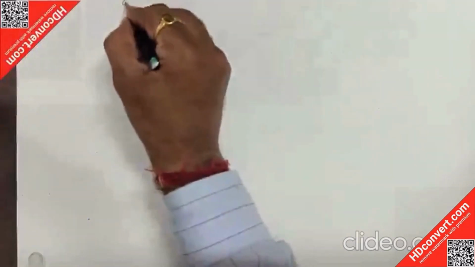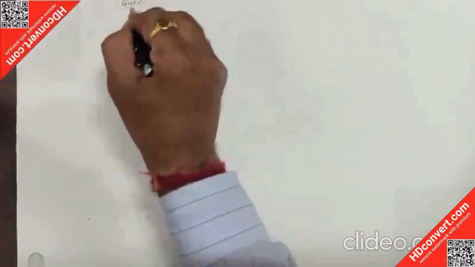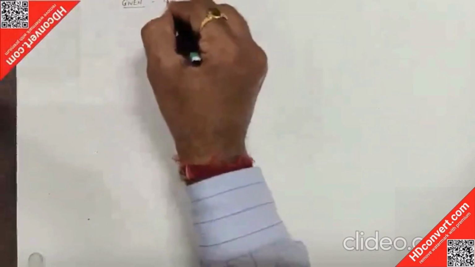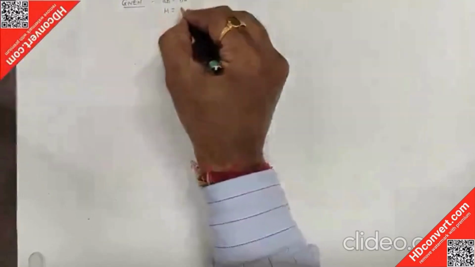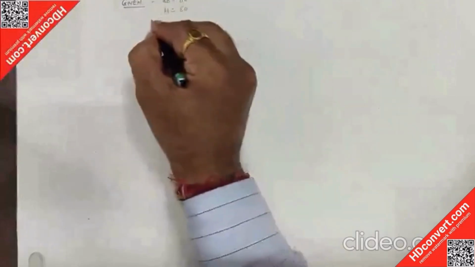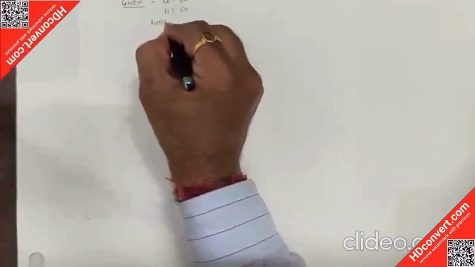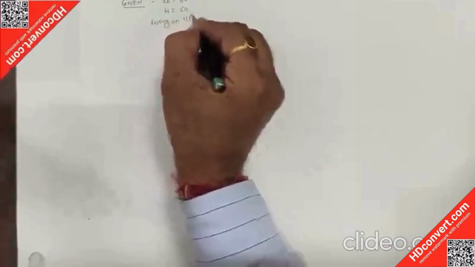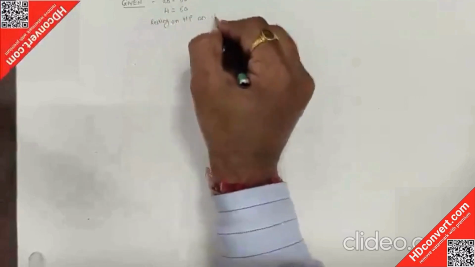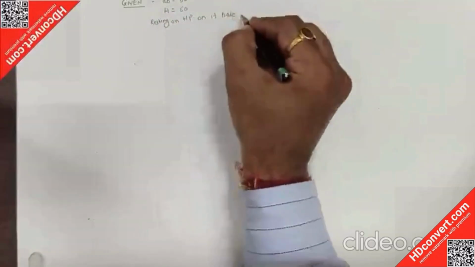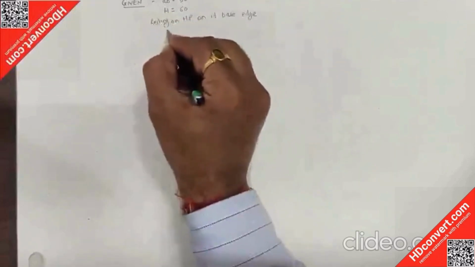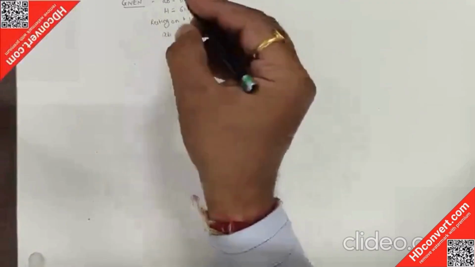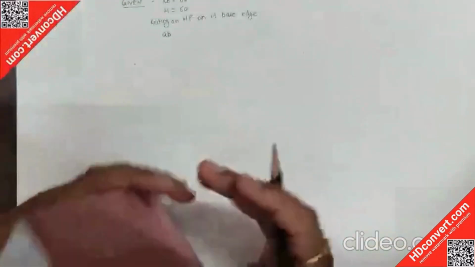A triangular prism of base side 30 mm and axis height 60 mm is resting on HP on its base edge, such that the base edge, suppose AB, is perpendicular to VP.